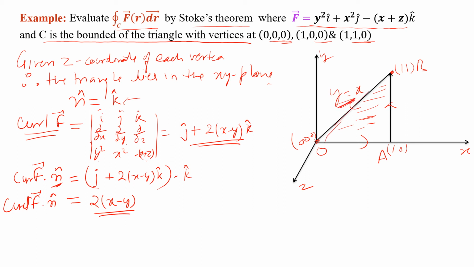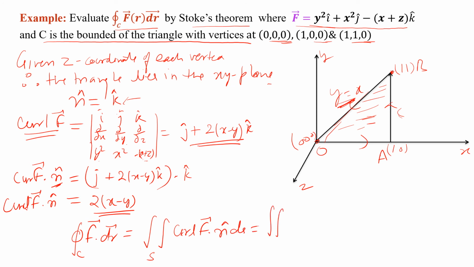The line OB is y equals x. So the line integral of f dot dr, by Stokes' theorem, is equal to the double integral over the surface bounded by this curve C of curl f dot n ds. The curl f dot n is 2x minus y, and ds is dx dy because it is in the xy plane.